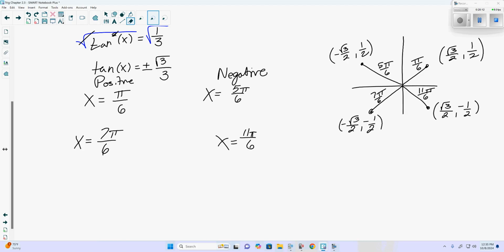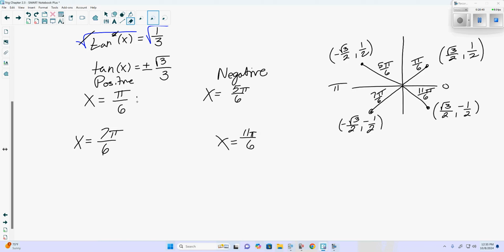That's why we have 4 iterations between 0 and 2 pi, because it repeats every pi. So from 0 to 2 pi, tangent, each value repeats itself twice. Questions on this here?